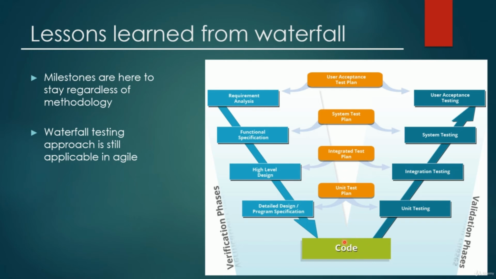Starting with the code, first was the unit testing. This is testing done by coders, not really done by the QA team. After that comes integration testing, when we're actually testing what has been integrated into the game, into the software.